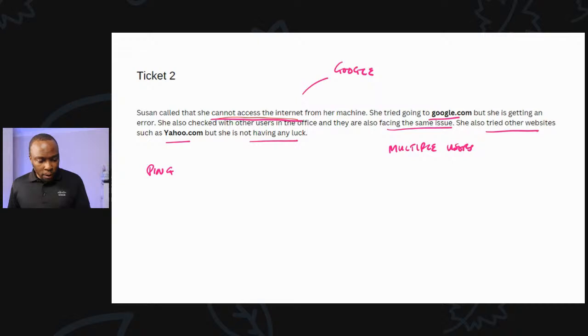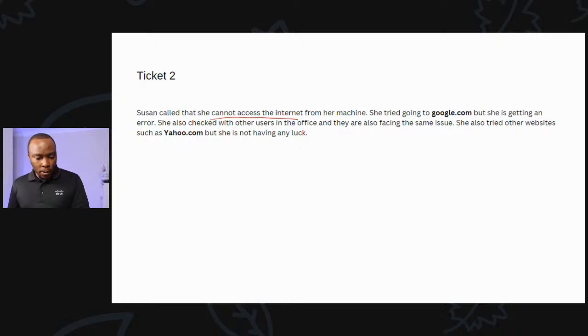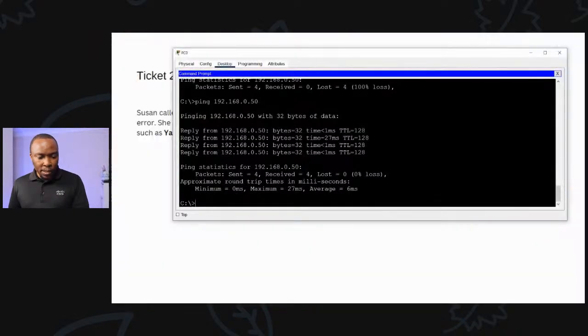So going back to our diagram, my starting point is always going to be Susan's PC0. I'm going to ping the internet, which is 8.8.8.8.